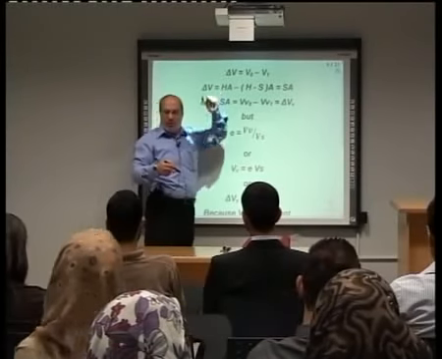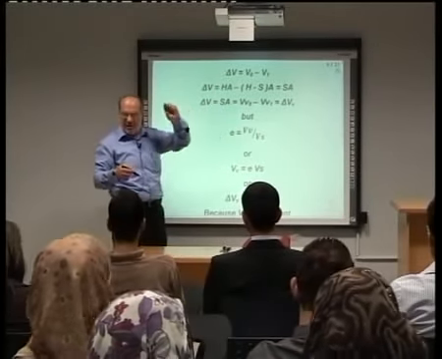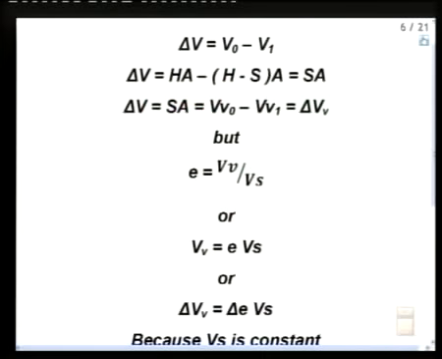Delta V, which is S, the change in volume, equals the total volume at the beginning minus the volume after the deformation. So delta V equals A multiplied by total H, minus the volume after compression, which is total H minus S multiplied by A.